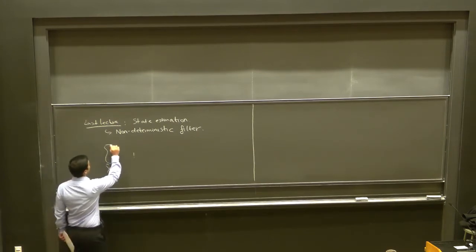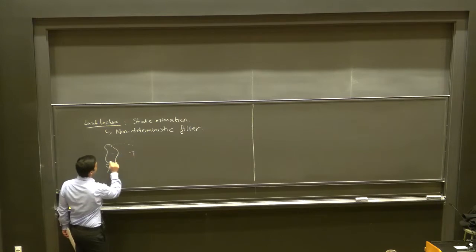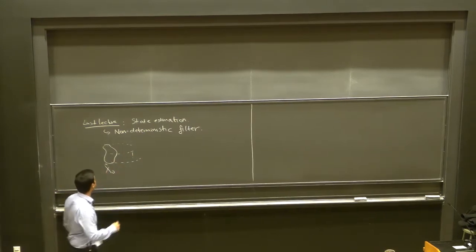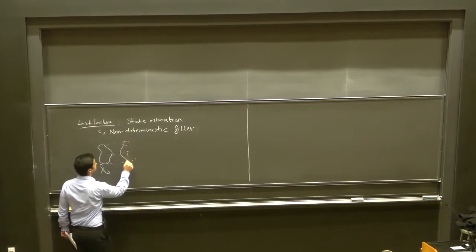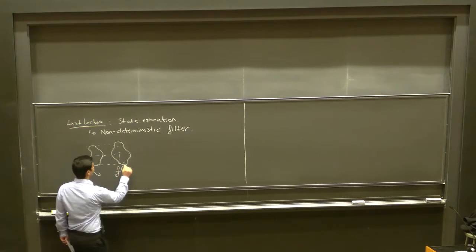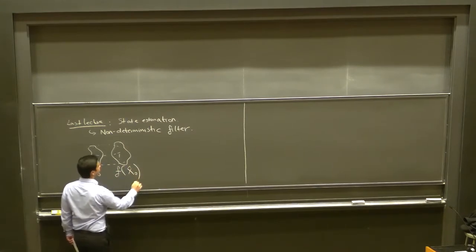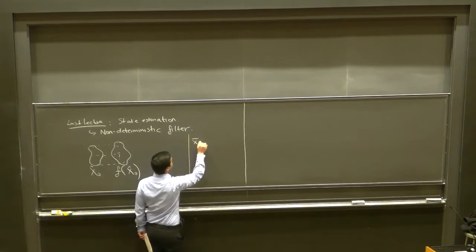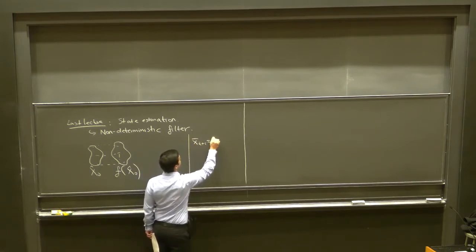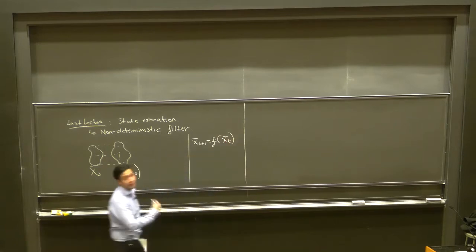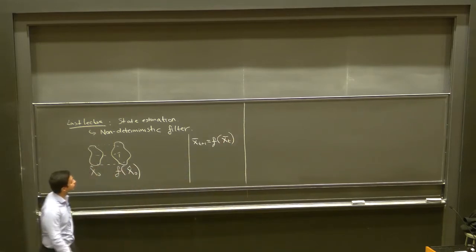We then propagate this set forward through the dynamics of the system, which initially at least we were assuming were deterministic. We get some other set, which we called f of x0 hat. And just to remind you, we're using discrete time dynamics here. So xt plus 1 is f of xt. And then potentially you can bake in the control input as well.